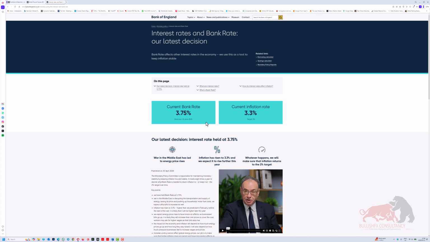Now, this may seem like a small detail to us retail traders, but institutionally, this changes the narrative significantly, because instead of the market viewing the Bank of England as preparing for aggressive easing, investors were forced to acknowledge the hawkish pressure that still exists inside the central bank, right?